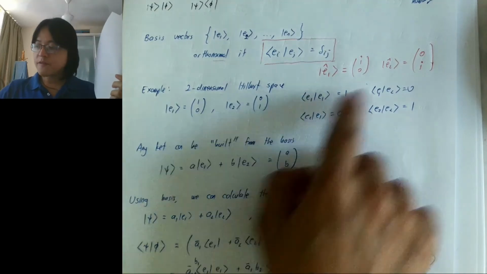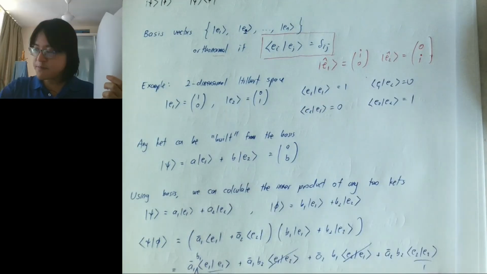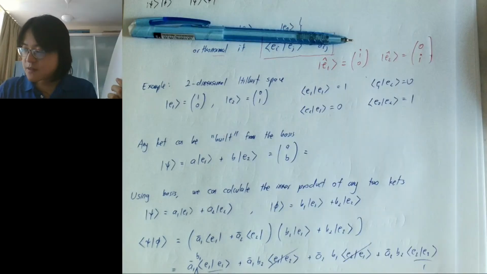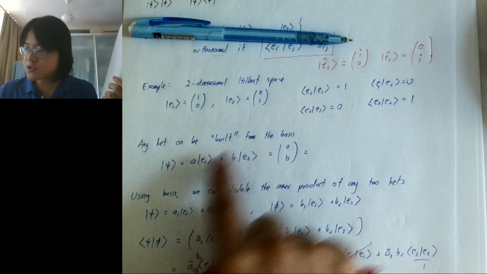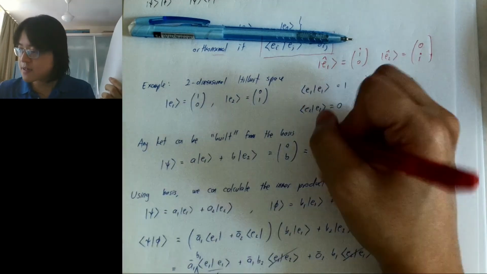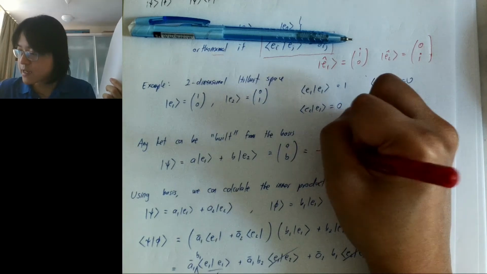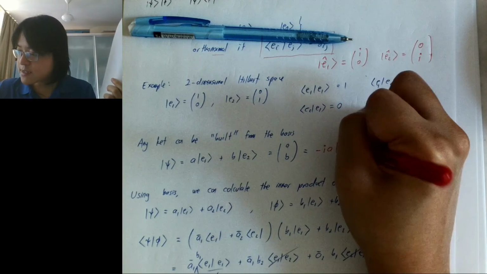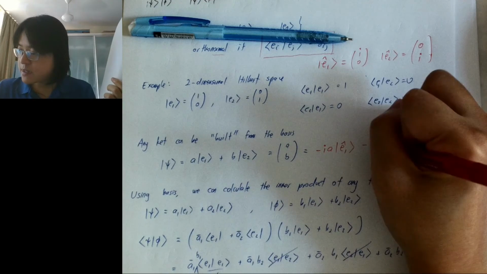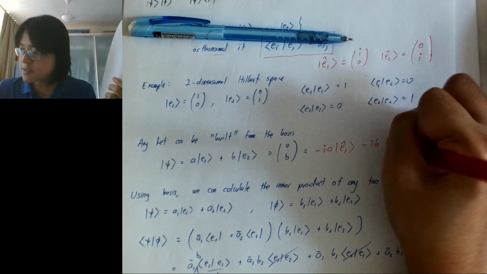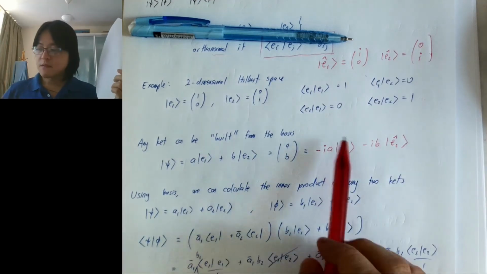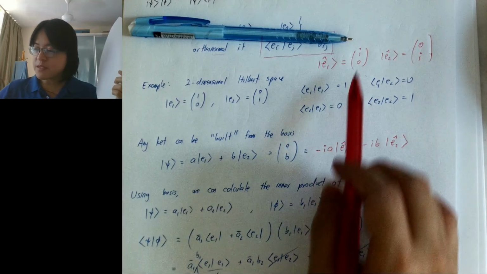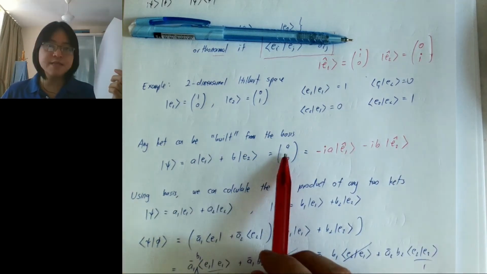Okay, so from here you can even write the same vector in a new basis, so let's do this since we're here. To make sure this is the same vector as this, it's like minus iA in the new basis, minus iB in the new basis. If you multiply this, it will make sure that we get the same vector.